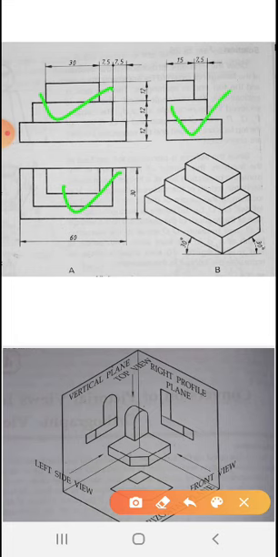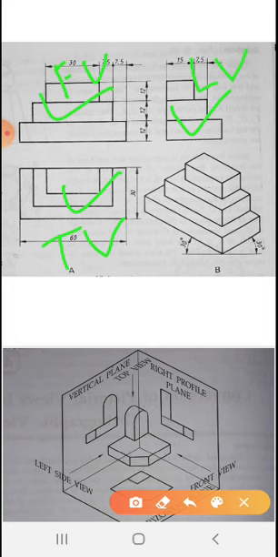The views obtained on the principal planes of the projection are called orthographic views. These are the three principal planes of the projection. This is the front view, this is the top view, and this is the left view.